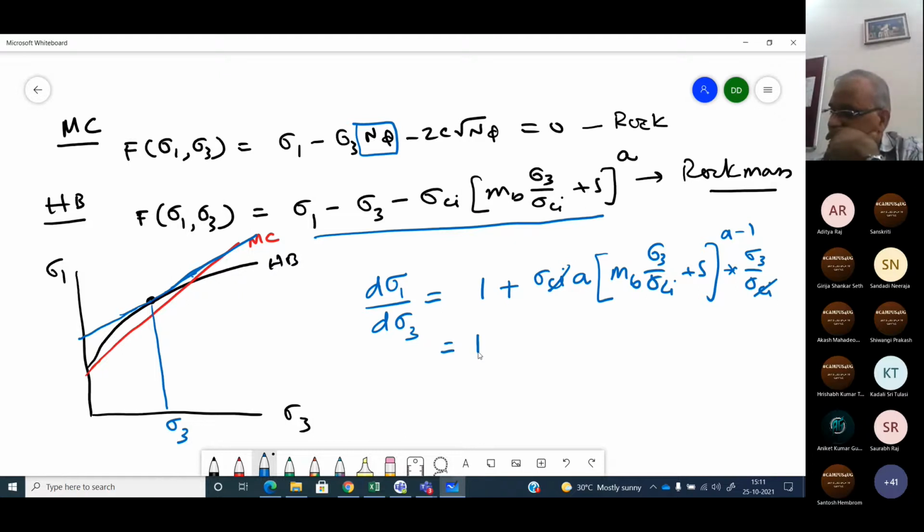So we are getting 1 plus a mb, sigma 3 by sigma ci plus s to the power a minus 1.